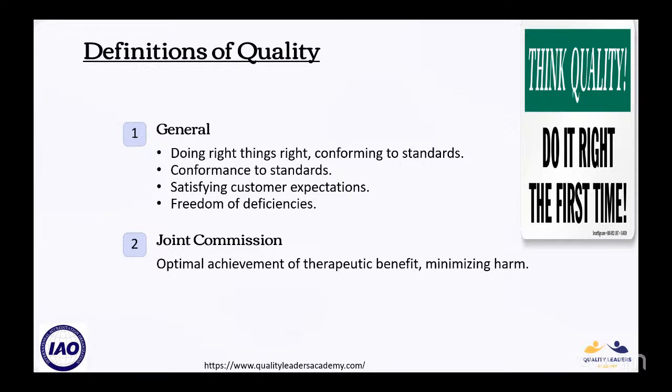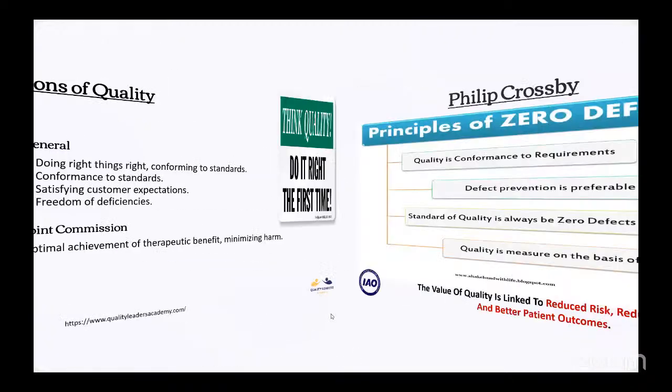So here they were targeting the optimal therapeutic benefit with minimal harm. I hope you got the point, right? Here you are seeing the practical implementation of the quality definition by Joint Commission International: optimal achievement of therapeutic benefit with minimizing harm. I hope you got the general and Joint Commission definitions of quality.